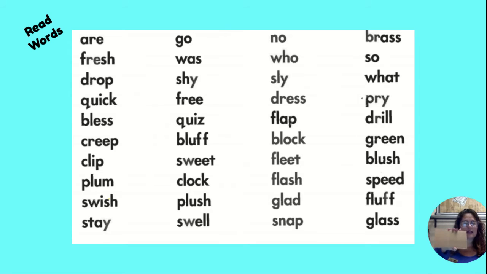So say they missed sly. You would have them go sly, sly, sly if they made an error on that word. Pause the video, take your finger under each word, and read all of the words on this page.